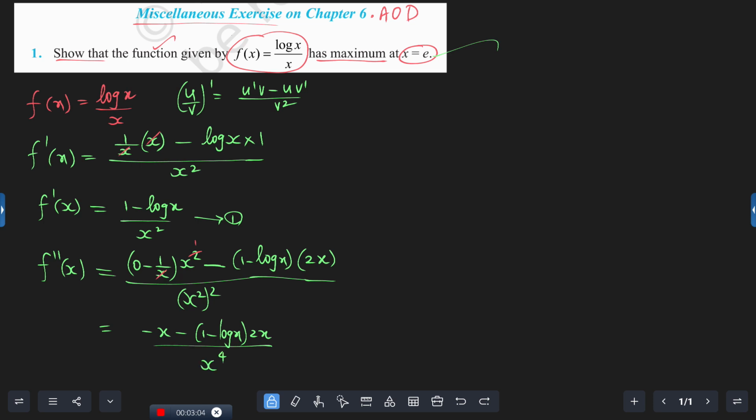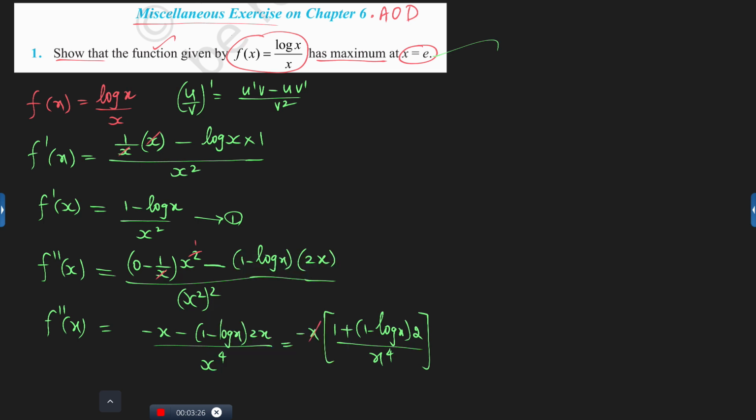This is f double dash of x. Taking minus x outside, we get 1 plus (1 minus log x) into 2, divided by x power 4. You can cancel 1 x, and the rest remains.